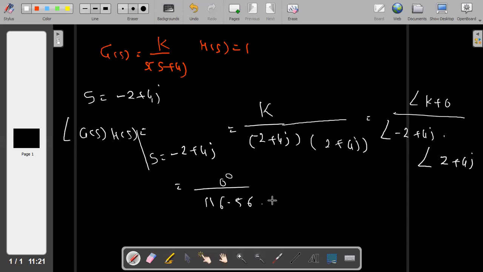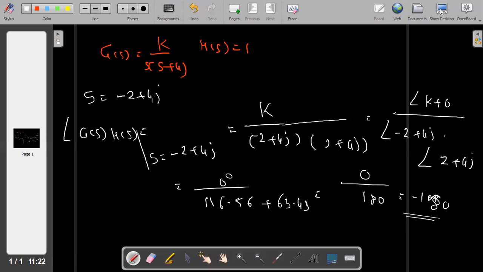As angles are added, plus the angle of 2 plus 4j, which is 63.43, the sum becomes 180, that is minus 180 degrees. Hence, as it is a multiple of 180 degrees, we can say that this point lies on the root locus.